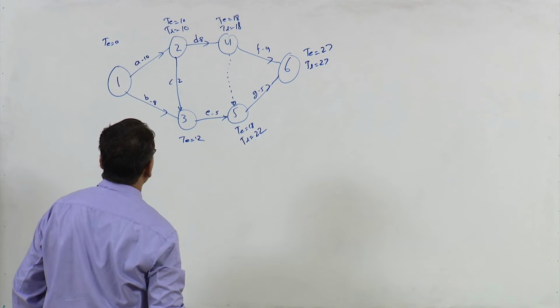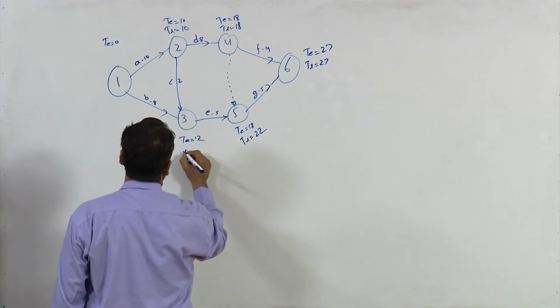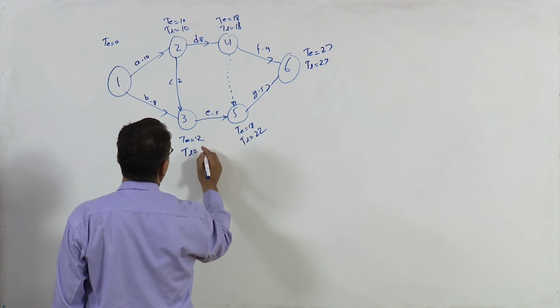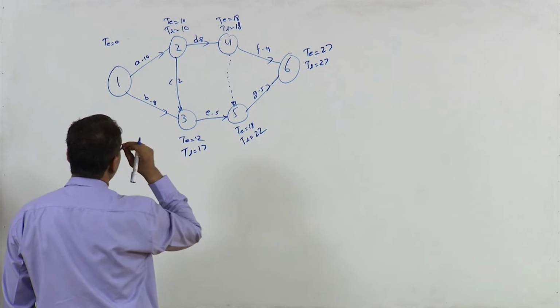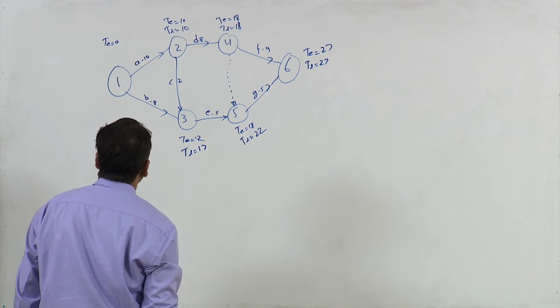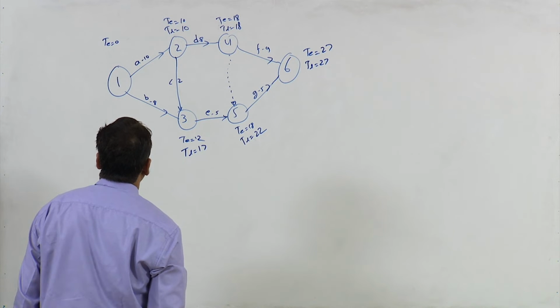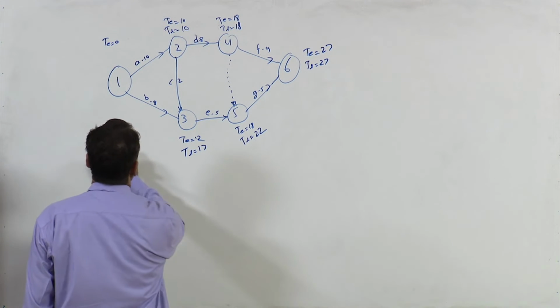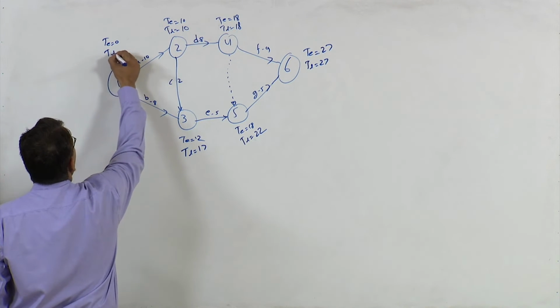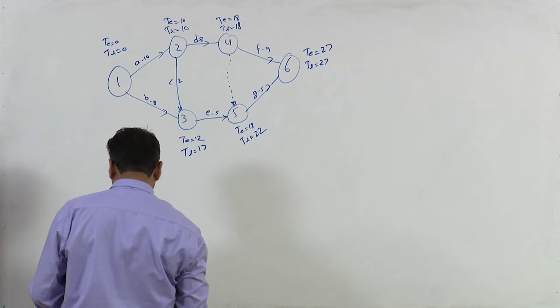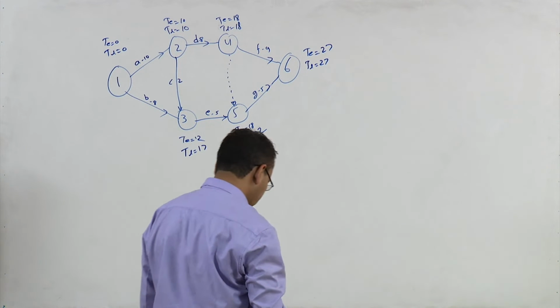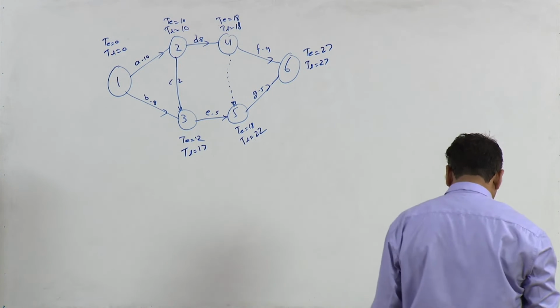Then TL here would be 17. TL here is 0. So in this way you can calculate TE and TL values.